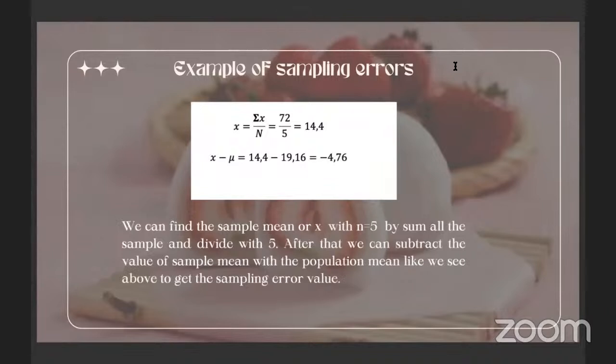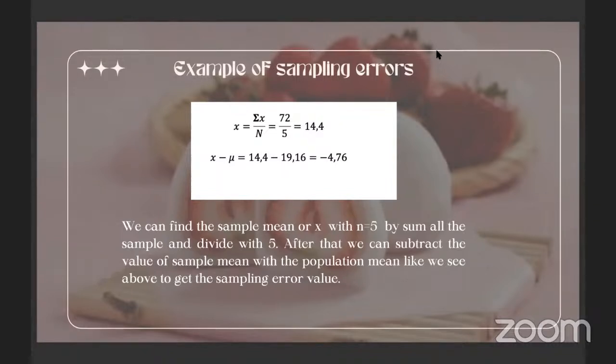Now, we can first get x bar equals sigma x divided by n, and we find the sum is 72 by summing all the samples and dividing by the sample size, that is 5, and we get 14.4.